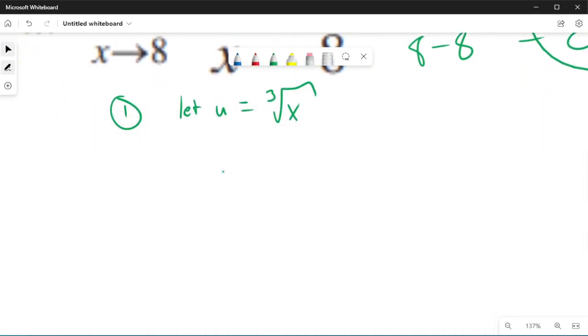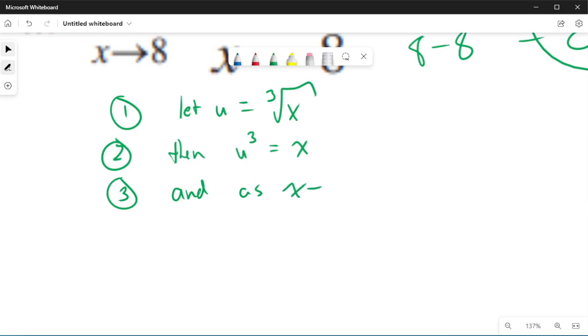If u is the cube root of x, then u cubed must be x, because I just cube both sides and then I can isolate x. And finally, as x approaches 8, u approaches what? Well, think about it.